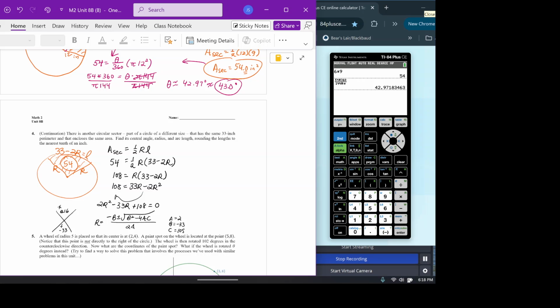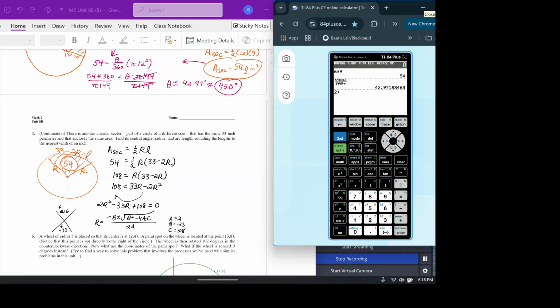So I'm just going to store these in the calculator. 2 store as alpha A. Negative 33 store as alpha B. 108 store as C. And then I will just plug this into the quadratic formula. So negative b plus the square root of b squared minus 4ac, all over 2a. And we get 12.